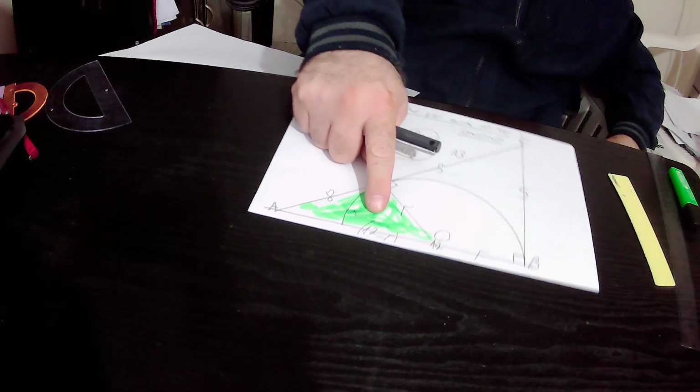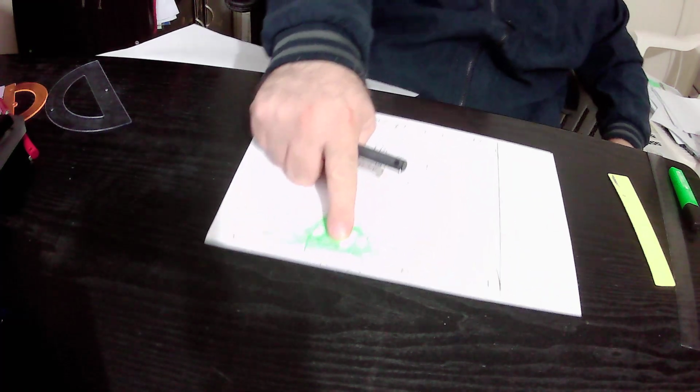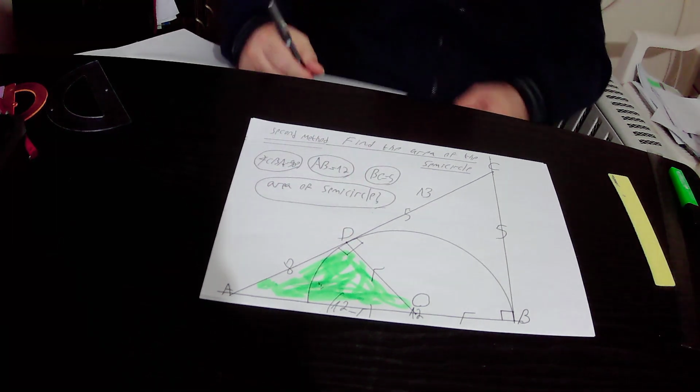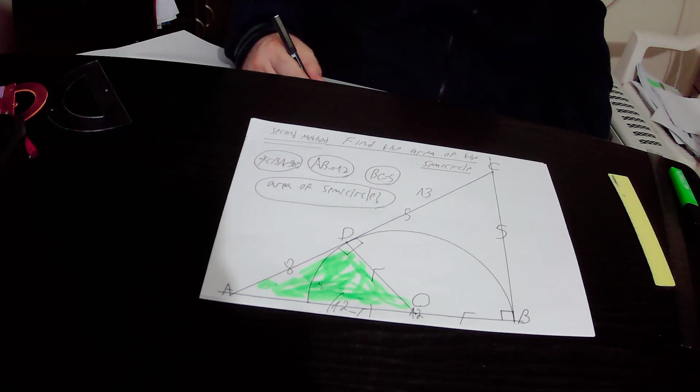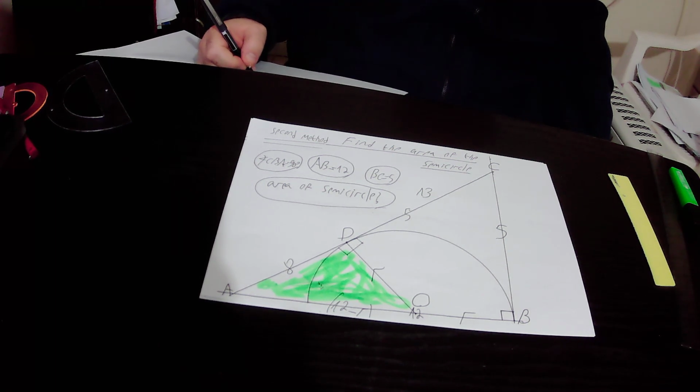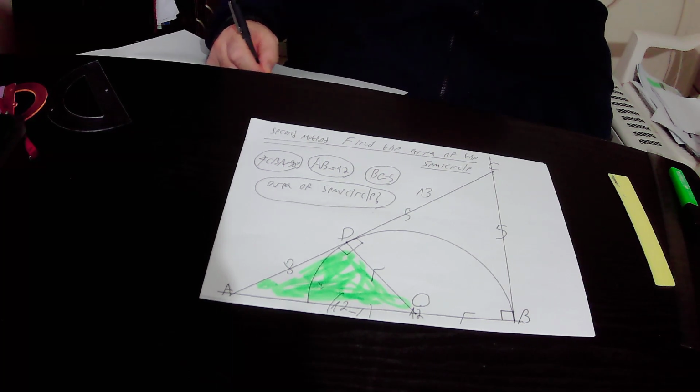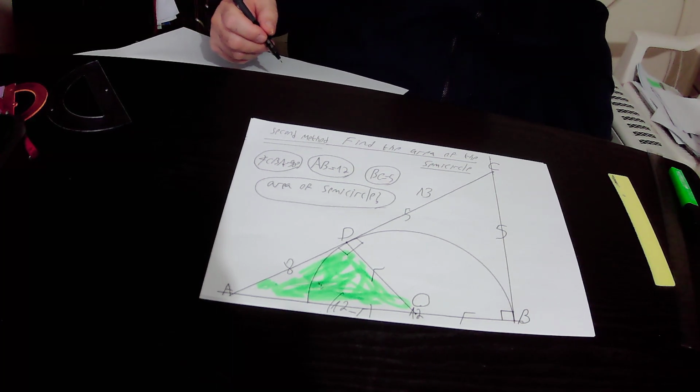AO is 12 minus R, so you can see here AO is 12 minus R, so AO squared is (12 minus R) squared, and it equals AD squared. AD is R, so AD squared is R squared, plus DO squared.